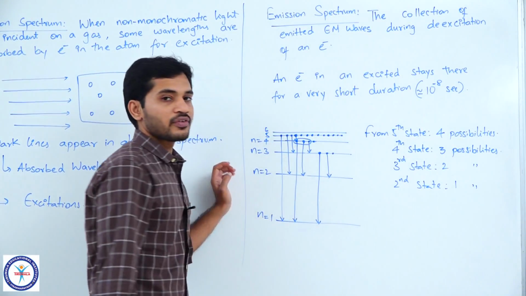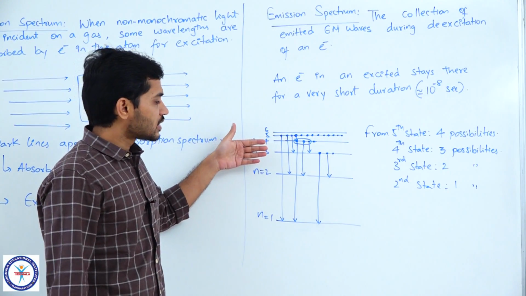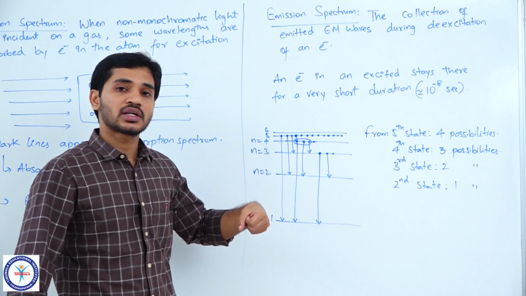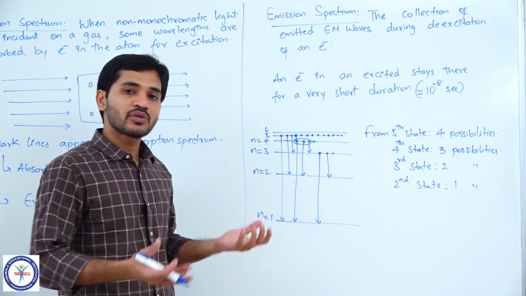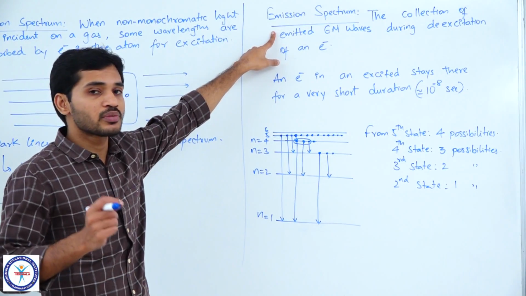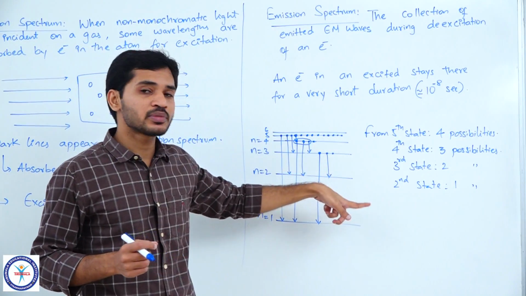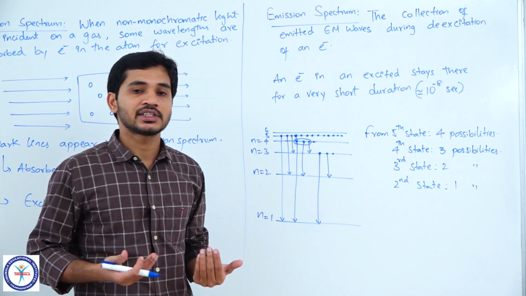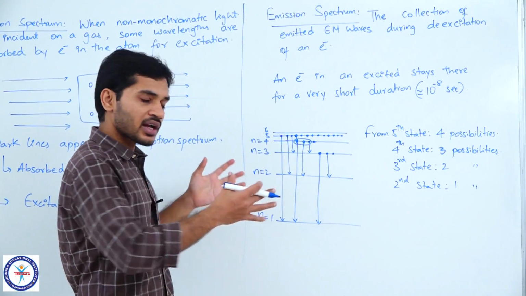Now if I consider the electrons which are initially in the fifth state and they start de-exciting, what is the total number of wavelengths that I can observe in the emission spectrum? Remember, if there is a possibility, then it will definitely happen. We have to consider that it will happen because we have a large sample size.